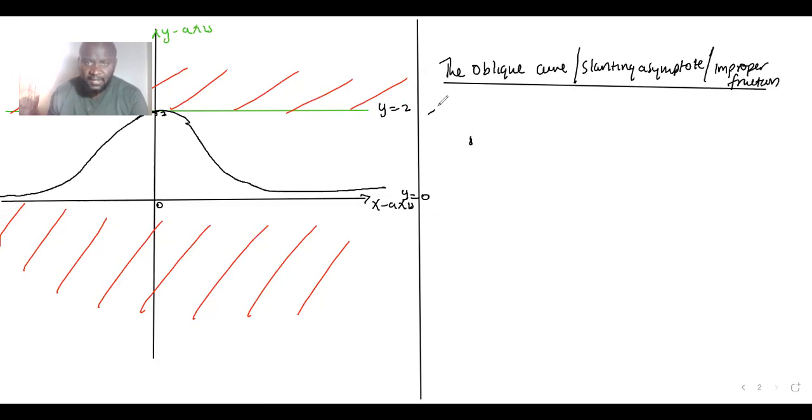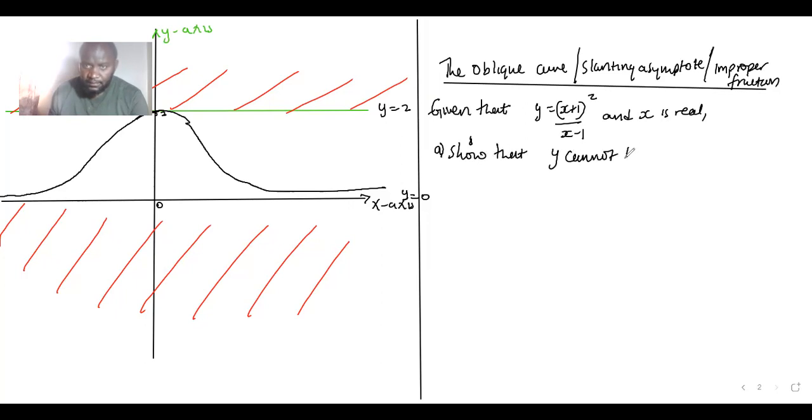It says, given that y is equal to (x plus 1) squared divided by x minus 1, and x is real. A, show that y cannot take on values between 0 and 8.